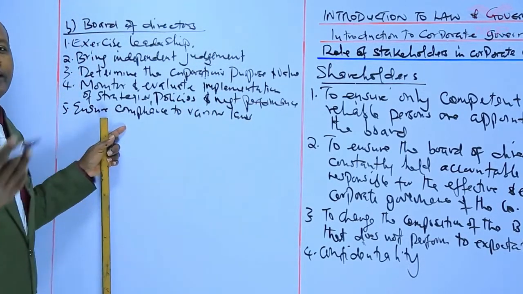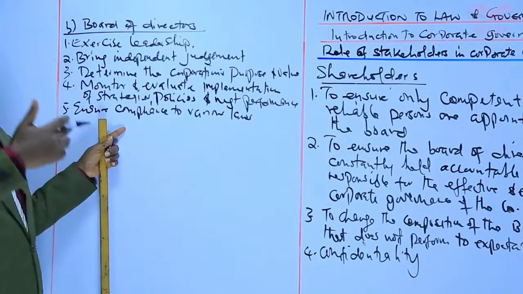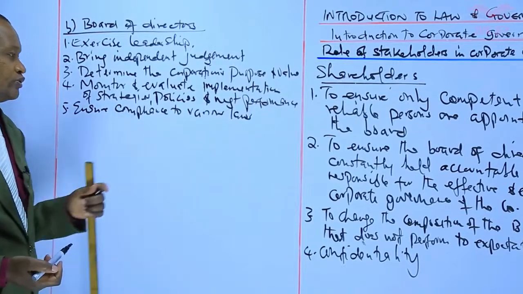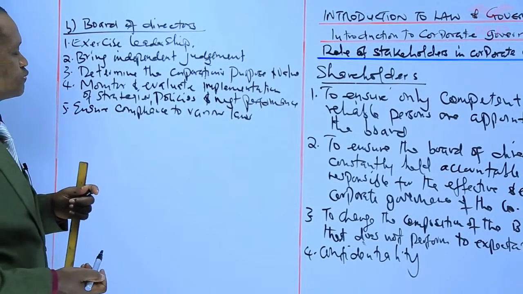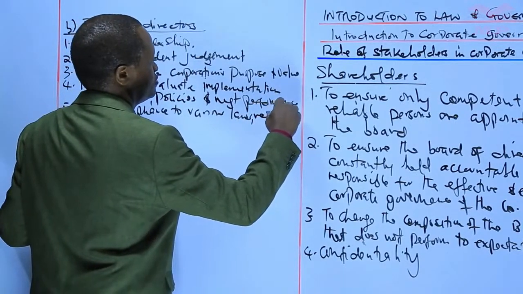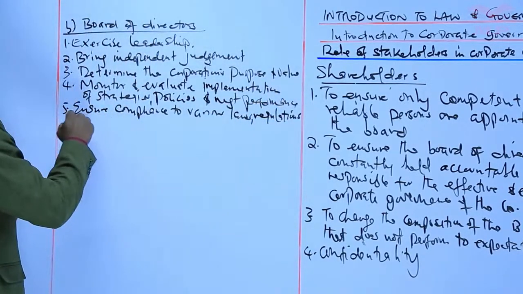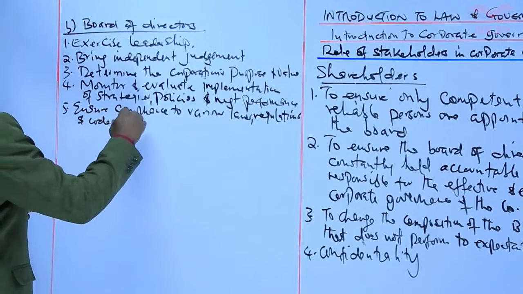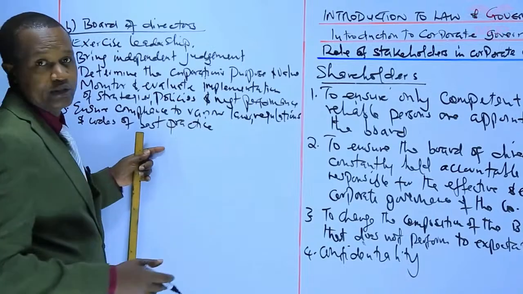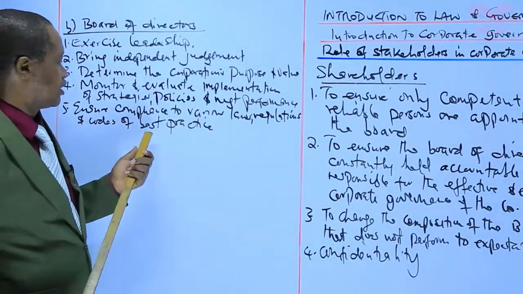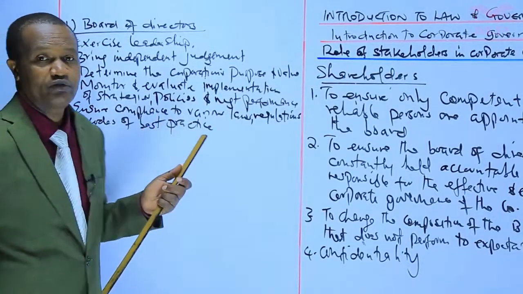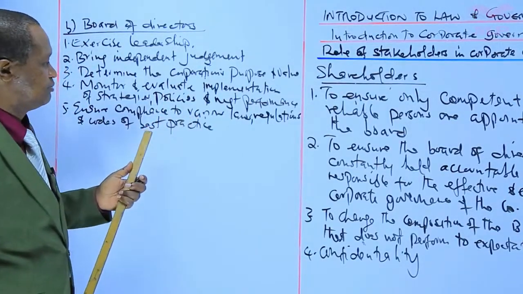Ensure that the corporation complies with all relevant laws, regulations, codes of best practice, like the one we are studying. We are studying the code of corporate governance, which is a set of guidelines on how corporations are to be managed.